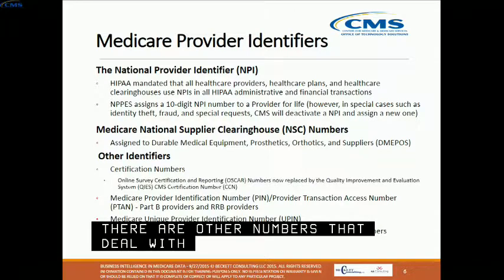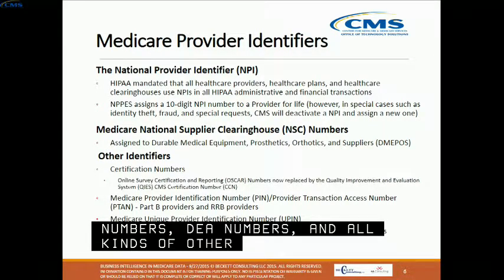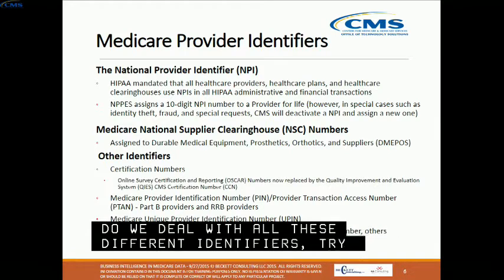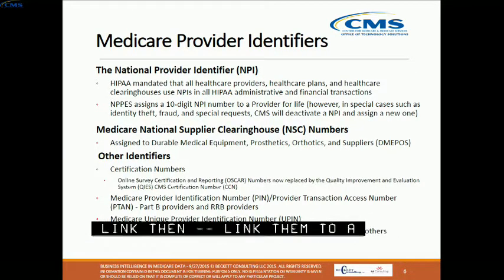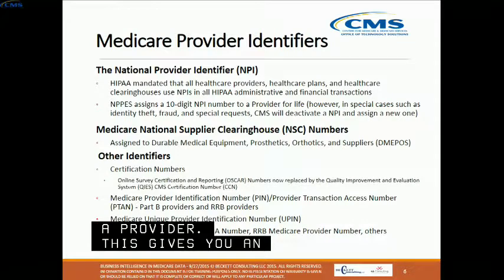So the challenge to CMS was, how do we deal with all of these different identifiers, try to link them together uniquely to a particular provider so that we can uniquely identify and process a claim for a provider. So this gives you an idea of some of the plethora of identifiers associated with Medicare providers.